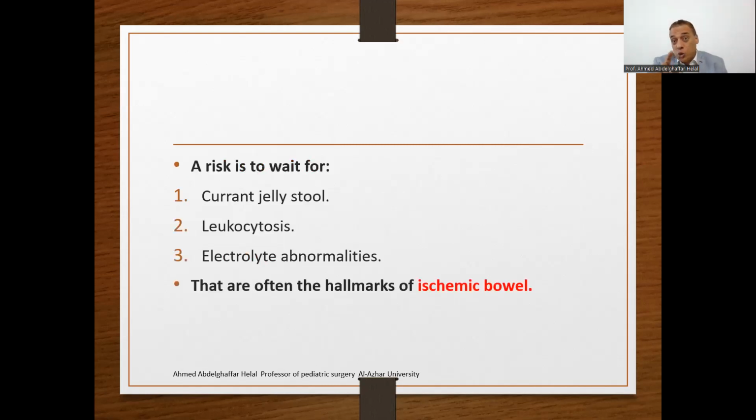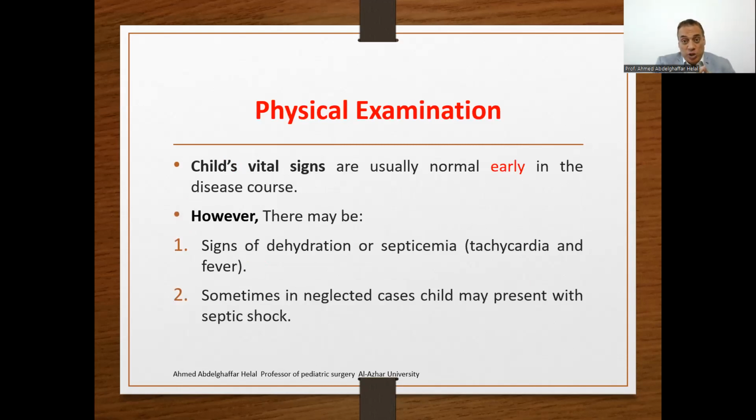It is a risk to wait for the red currant jelly stool, leukocytosis, or electrolyte abnormalities that are often the hallmark of ischemic bowel. During physical examination, it's very important that the child's vital signs are usually normal early in the disease course.